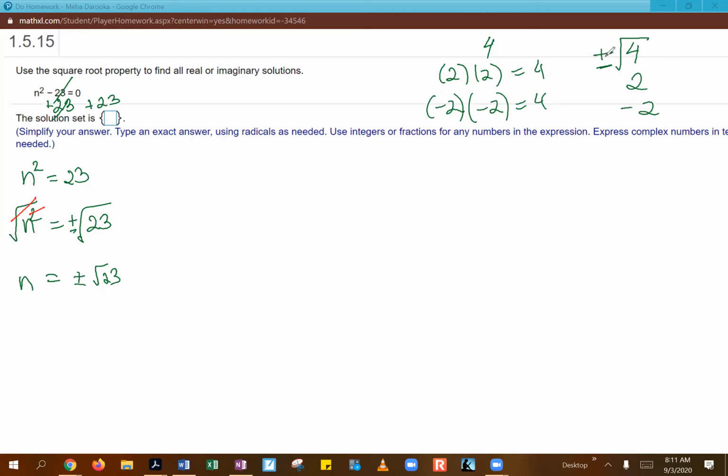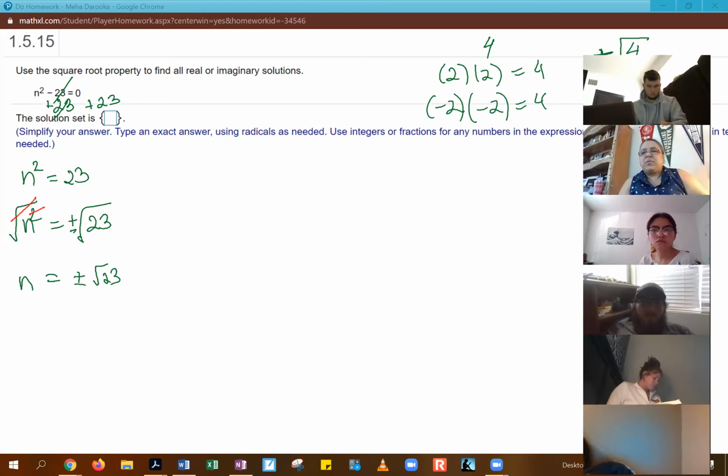That's the reason why with square roots, we always put a positive or negative sign in front of it, because you can have two roots which give you the same result. That's the same thing happening over here. Now we have n equals positive or negative square root of 23.